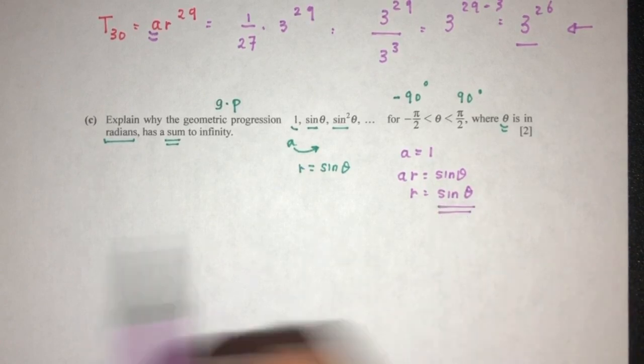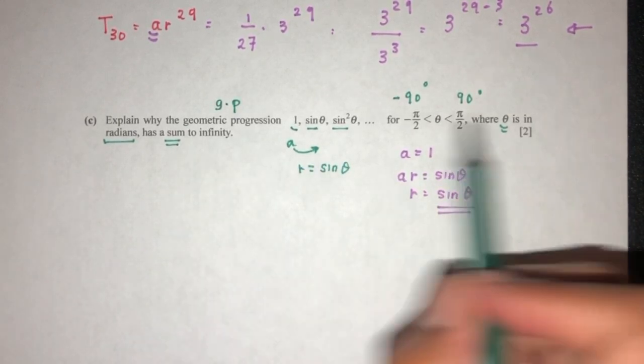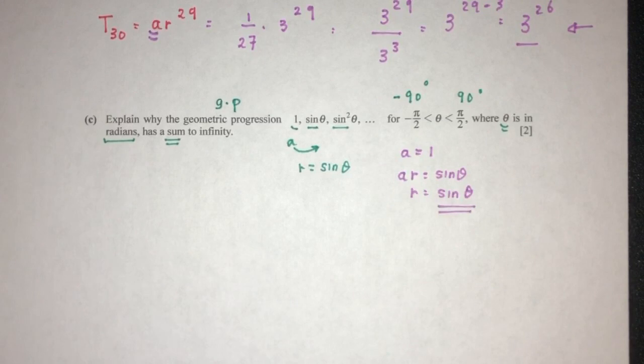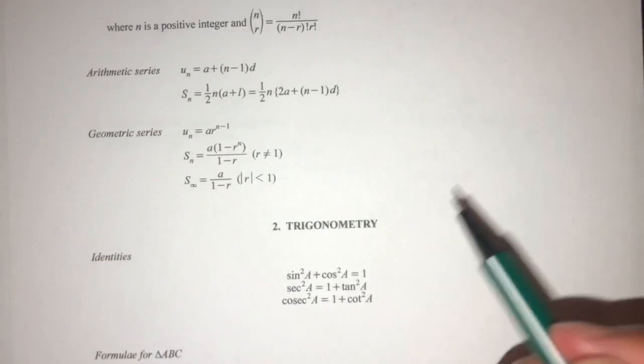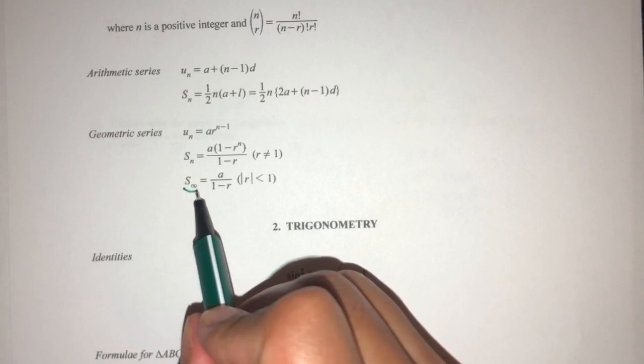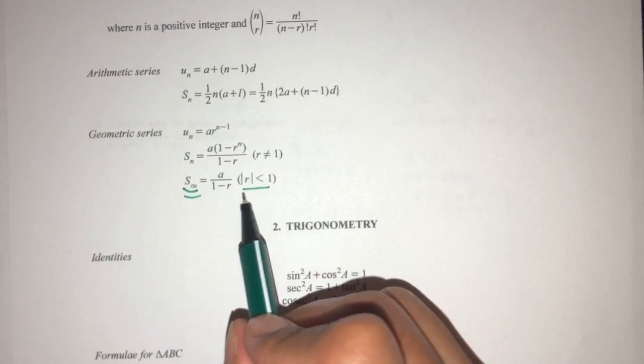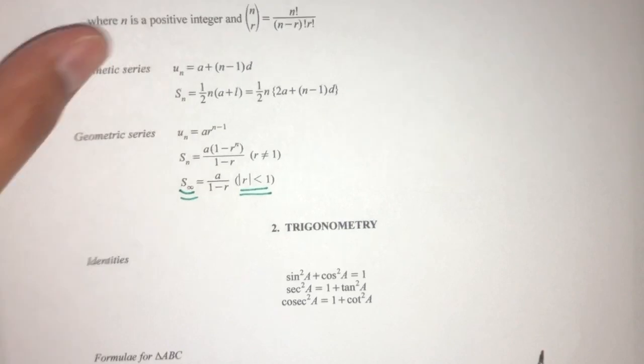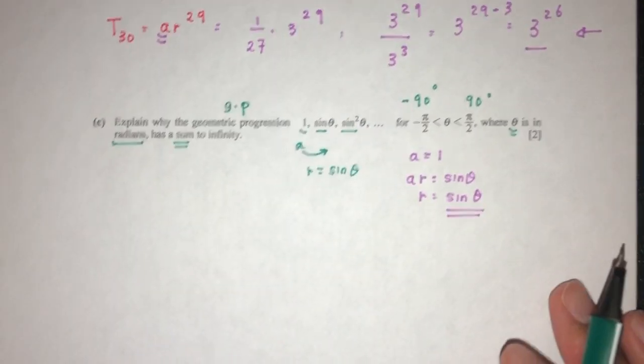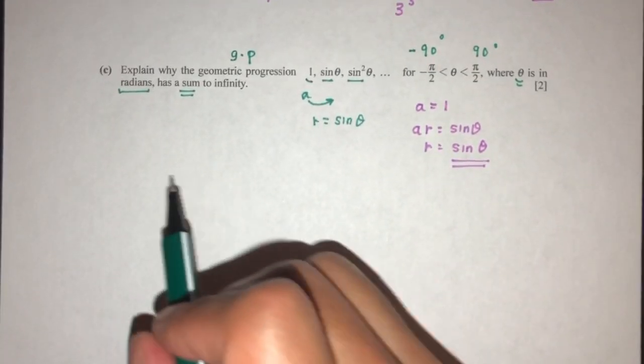This is r. Now if you look at your list of formulae here, you will realize that there's a condition. We can only have a sum to infinity when the modulus of the common ratio is less than 1. So that's the main idea here. Let's write this down.